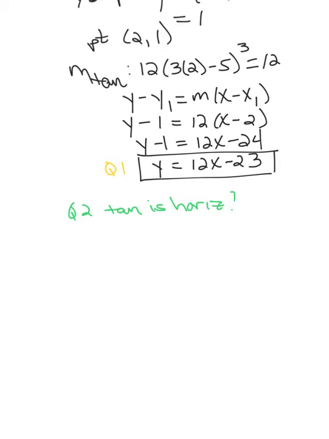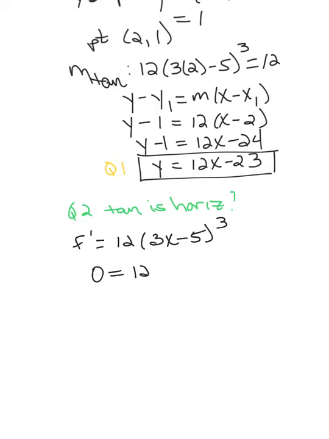So if we're talking about the slope of a tangent, that means we are talking about the derivative. And our derivative formula for the slope of the tangent, our f prime, was 12 times the quantity of 3x minus 5 to the third. We're going to take that and set it equal to 0.